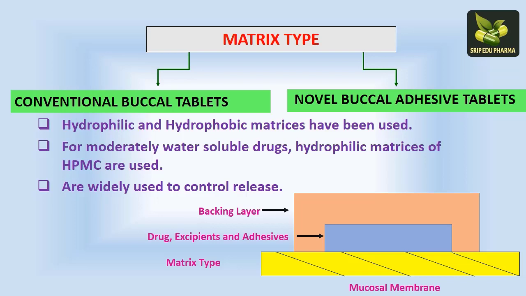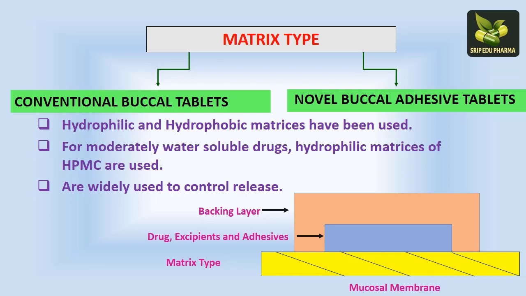So conventional buccal tablets are the normal buccal tablets that we have, but in novel buccal adhesive tablets the specialization comes with hydrophilic and hydrophobic matrices. These are used for holding and encapsulating the drug to control the release of the drug from the matrices. Then for moderately water soluble drugs, hydrophilic matrices of HPMC are used and they are widely used to control the drug release.